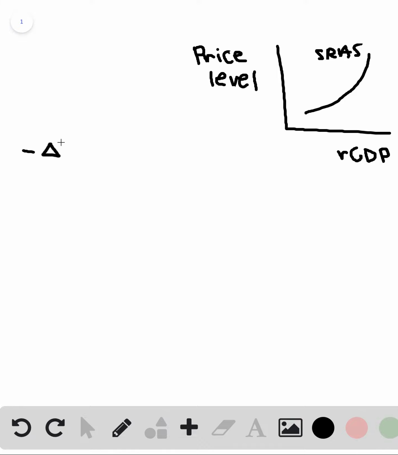a change in the labor force, we have a change, which again I'm abbreviating with delta, in the capital stock.